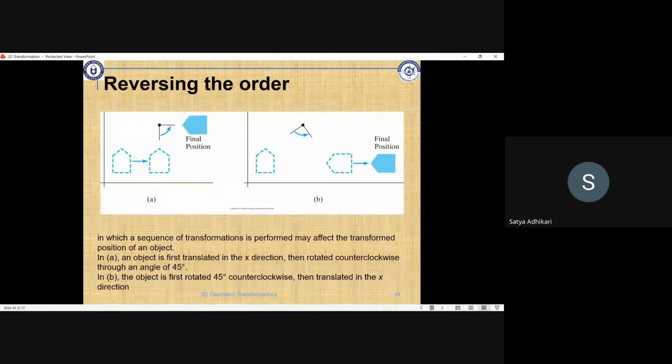You see here, in A, an object is first translated in the x direction, then rotated anticlockwise through an angle of 45 degrees. But in B, I reverse the order. The object is first rotated 45 degrees anticlockwise and then translated in the x direction. You find the difference.